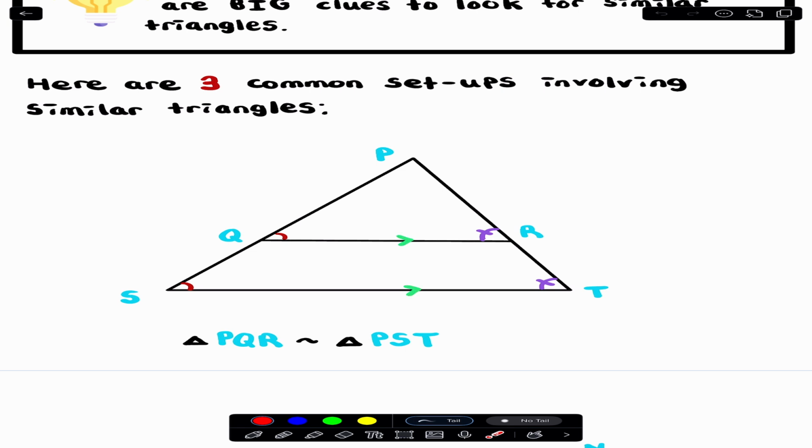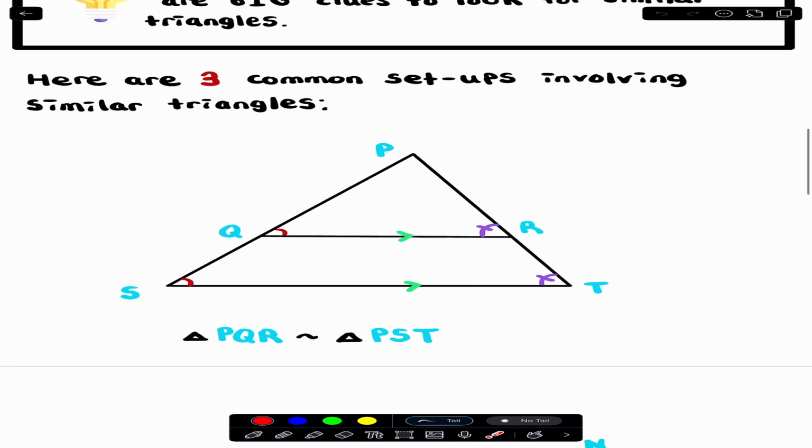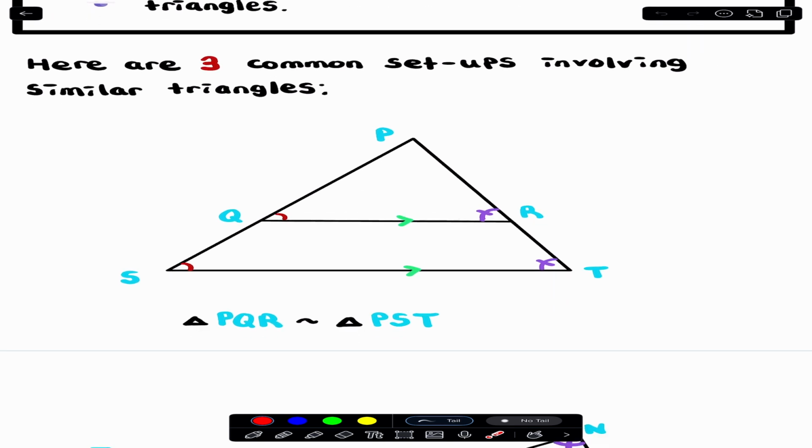It could also be going maybe this way, right next to each other, but the point is, as long as you have 2 parallel lines. And as I said before, parallel lines means equal angles. So over here I've marked these angles. They're equal to each other, so this angle is equal to this one, and this angle, marked with a little tick, is equal to this one.